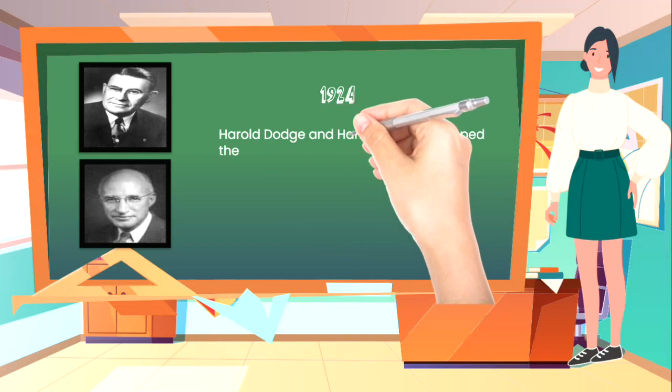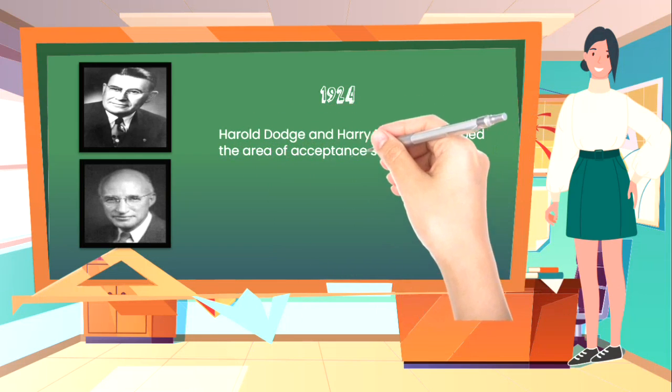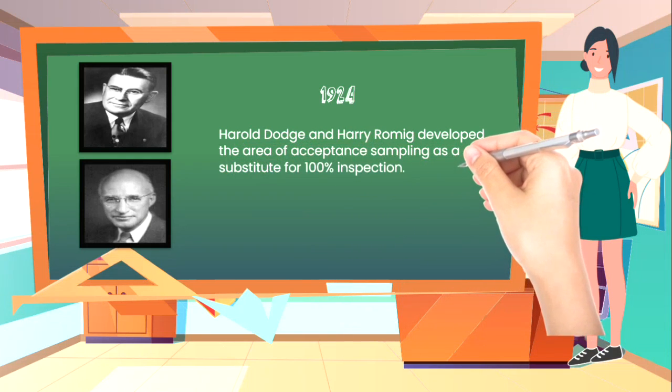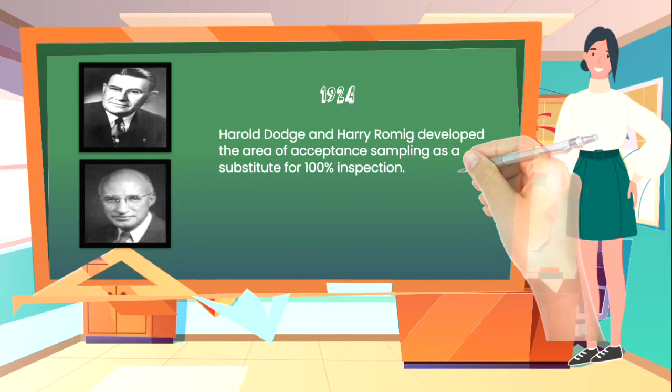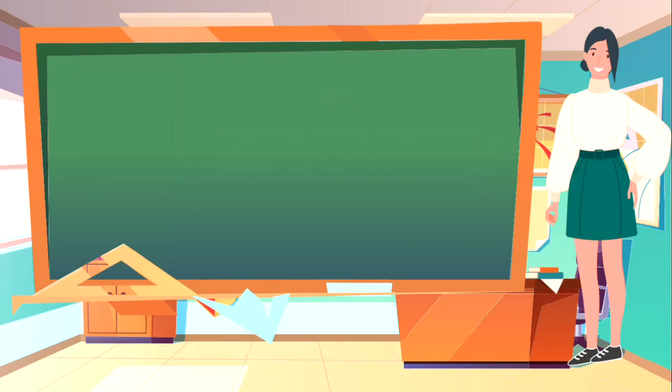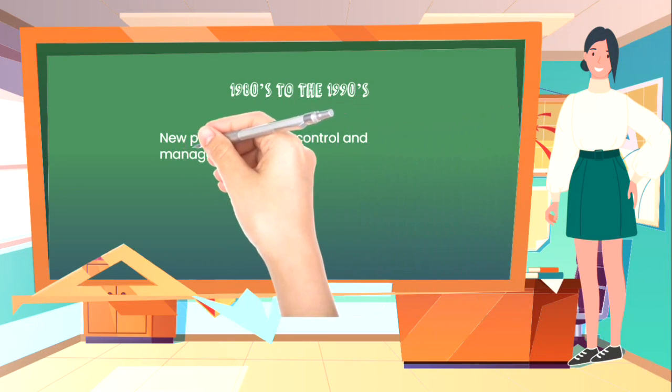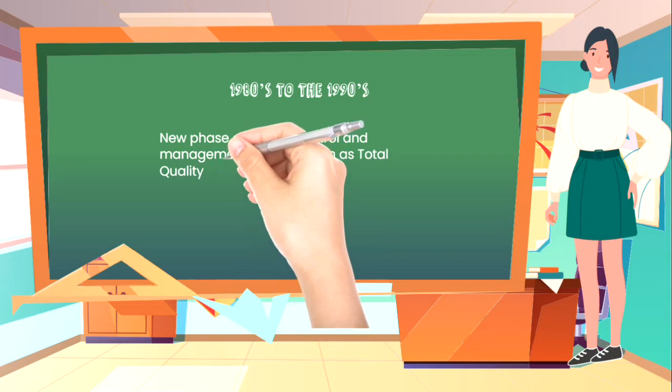In the same year, Harold Dodge and Harry Romig developed the area of acceptance sampling as a substitute for 100% inspection. From the 1980s to the 1990s, a new phase of quality control and management began, known as Total Quality Management.